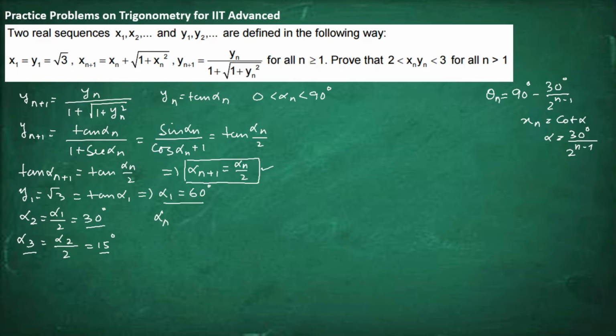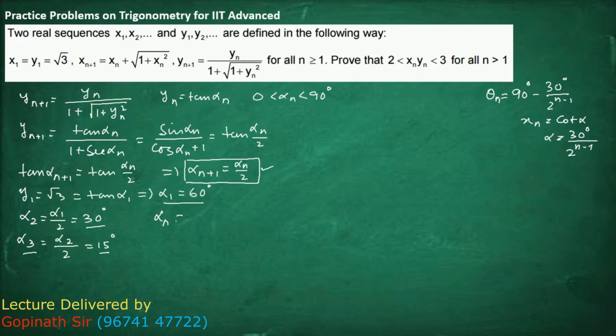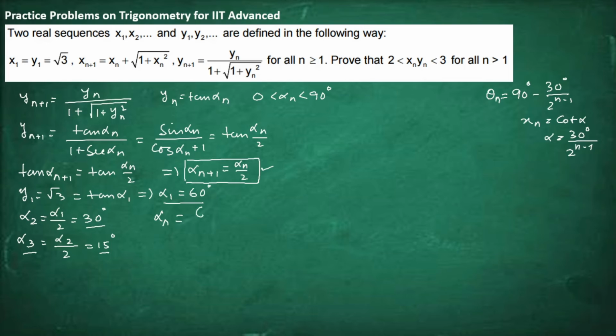Is it clear? So from here we can write alpha n as what? Alpha 1 is 60, alpha 2 is 30. So we can write this as 60 degree divided by 2 to the power n minus 1.